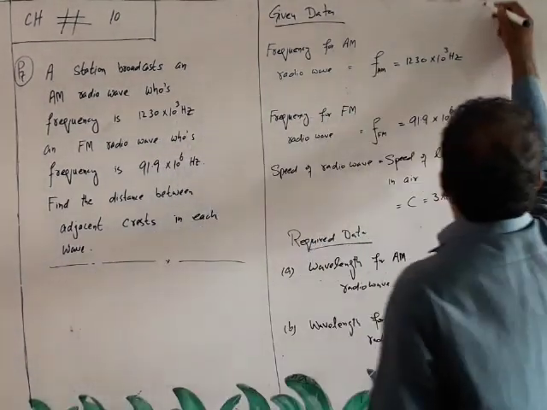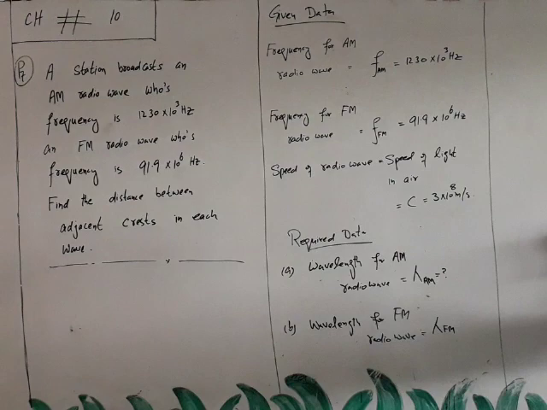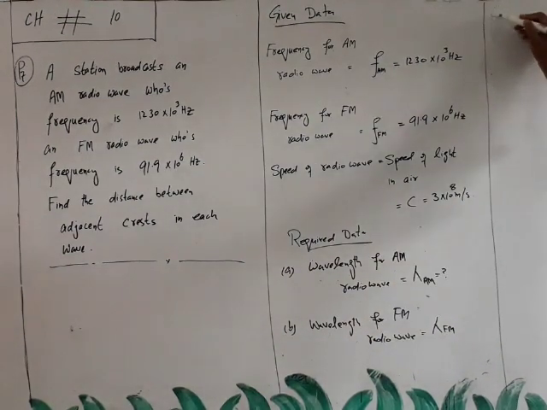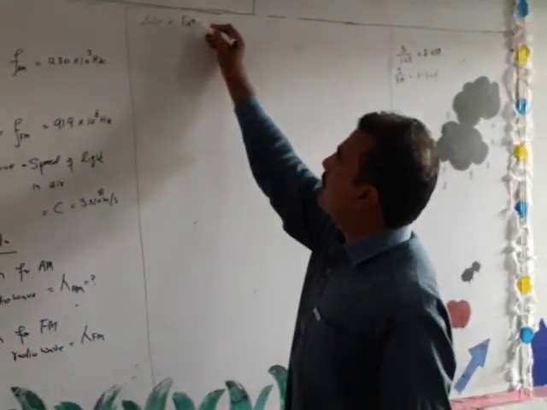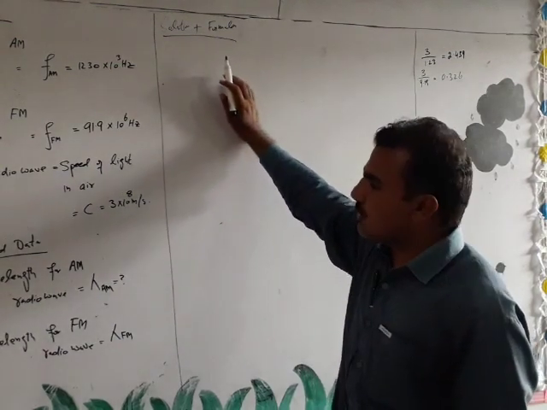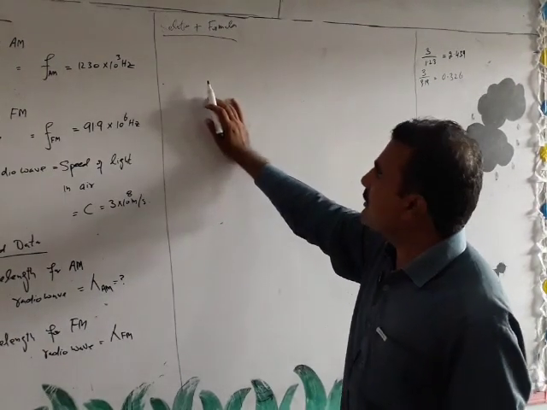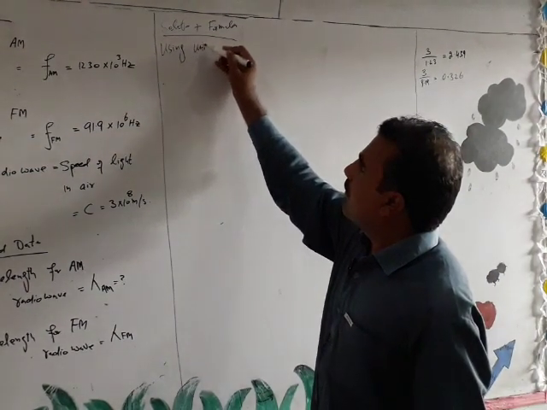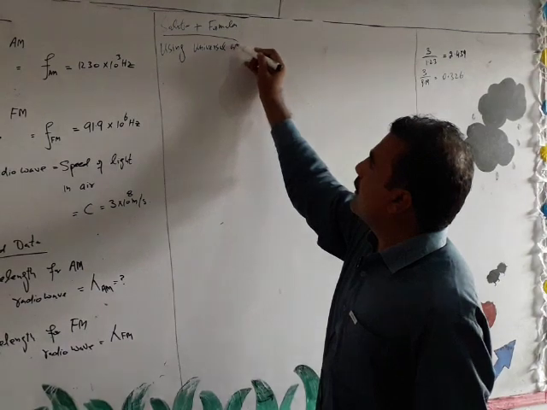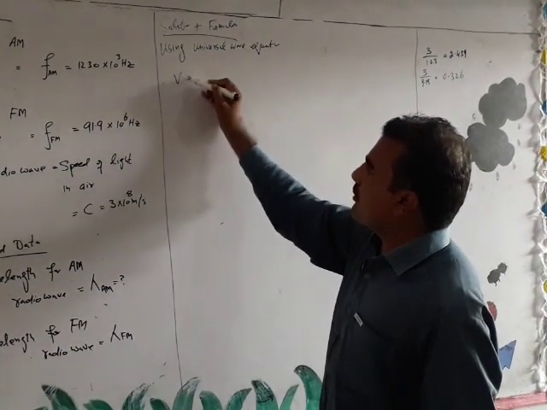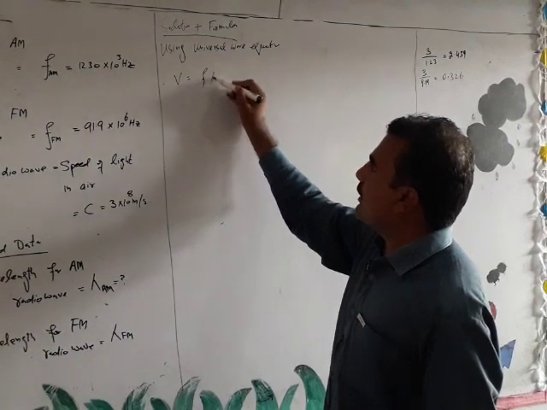So here I will write the solution and formula. I will use the universal wave equation for the solution of these two parts. The universal wave equation is V is equal to F lambda.